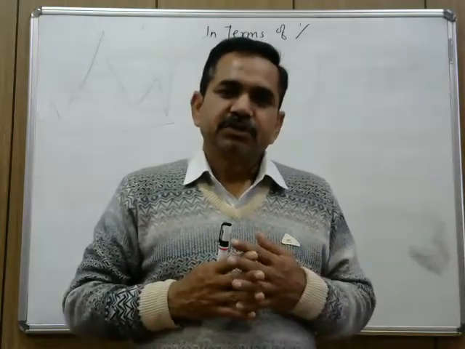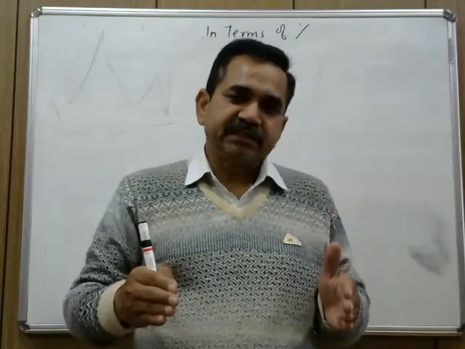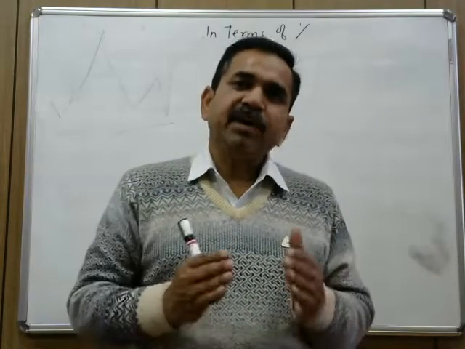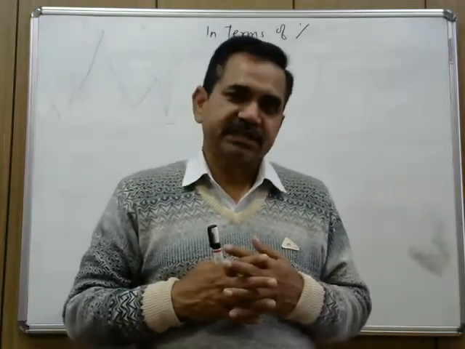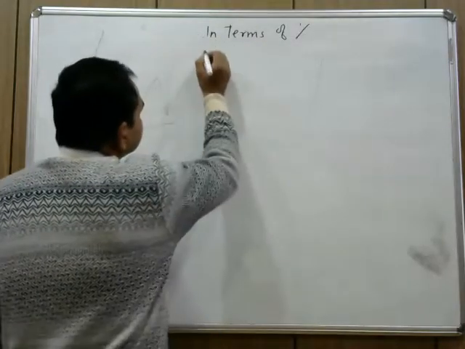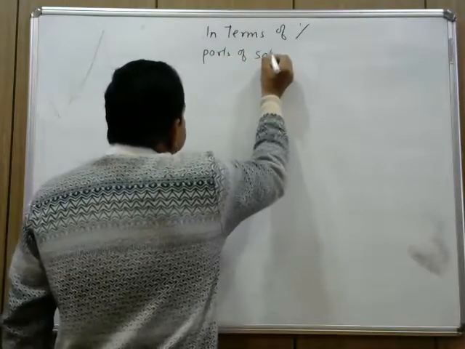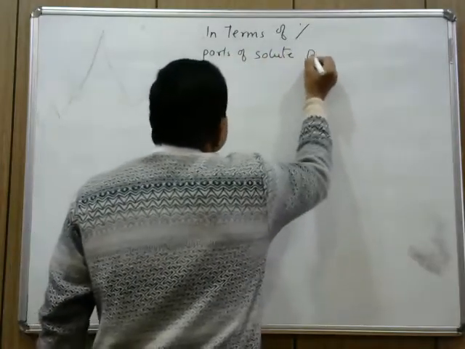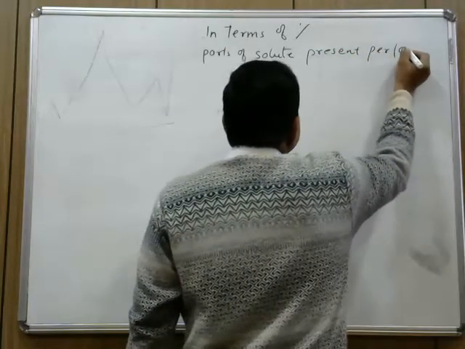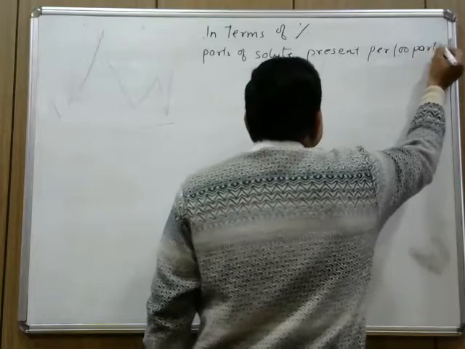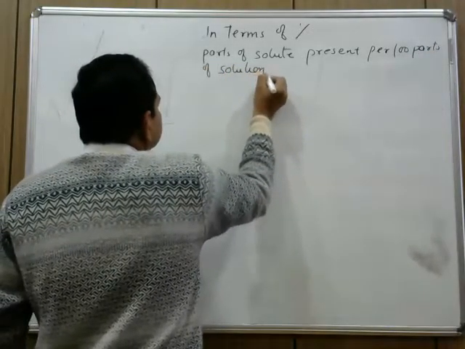So the parts of solute that are present in 100 parts of solution is called its percentage concentration.